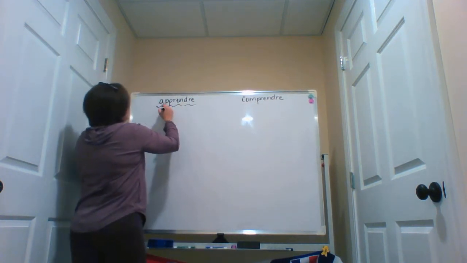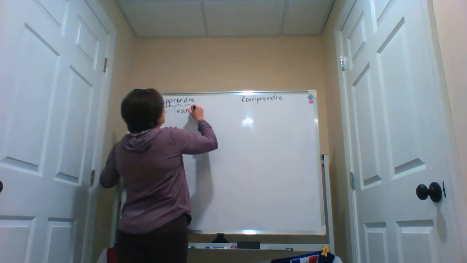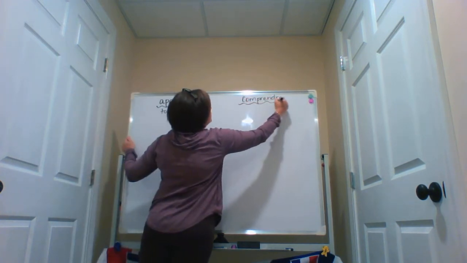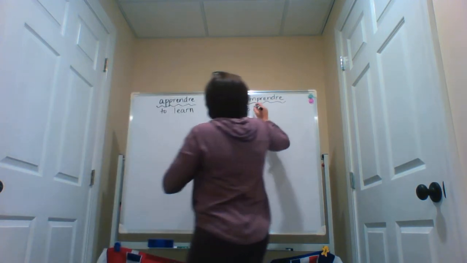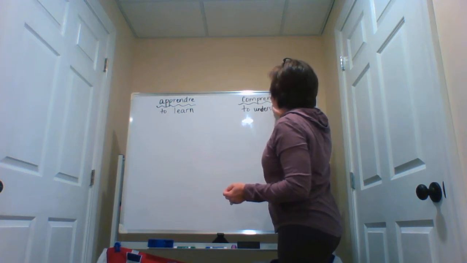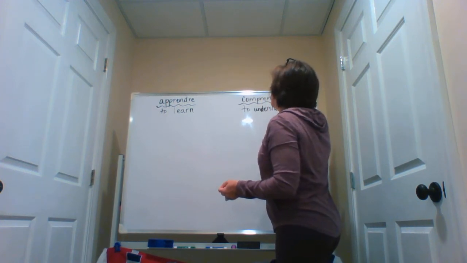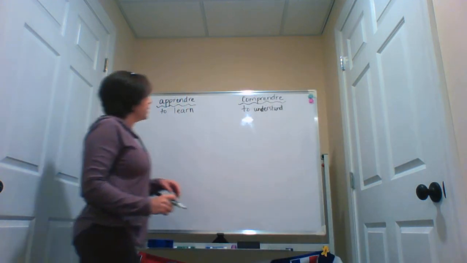Apprendre means to learn. And comprendre means to understand. And you all have seen that since the beginning of the year when you learned je ne comprends pas, when you don't understand something.